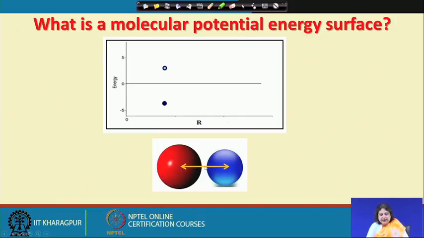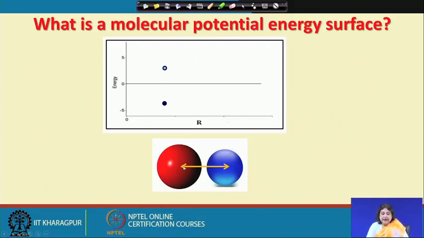Now, if I fix it at this particular value of R, this is the ground electronic energy obtained by solving the Schrodinger equation, and this is the first excited electronic energy that is obtained from solving the same equation.